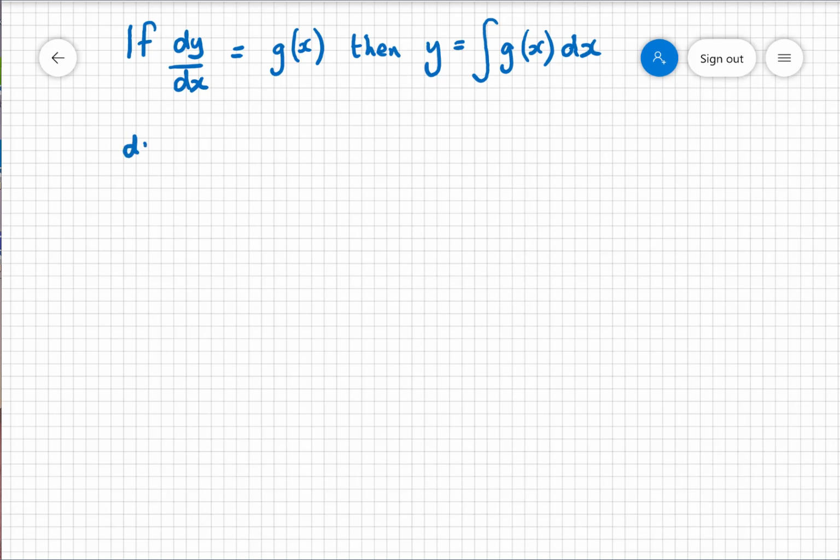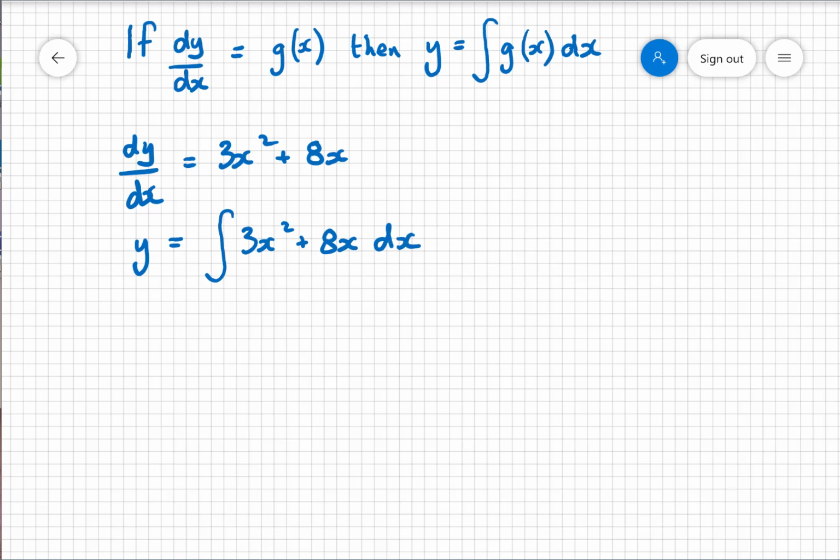So if I have dy by dx is equal to 3x squared plus 8x, then I can say that y will be equal to the integral of 3x squared plus 8x dx, which I can now integrate term by term.